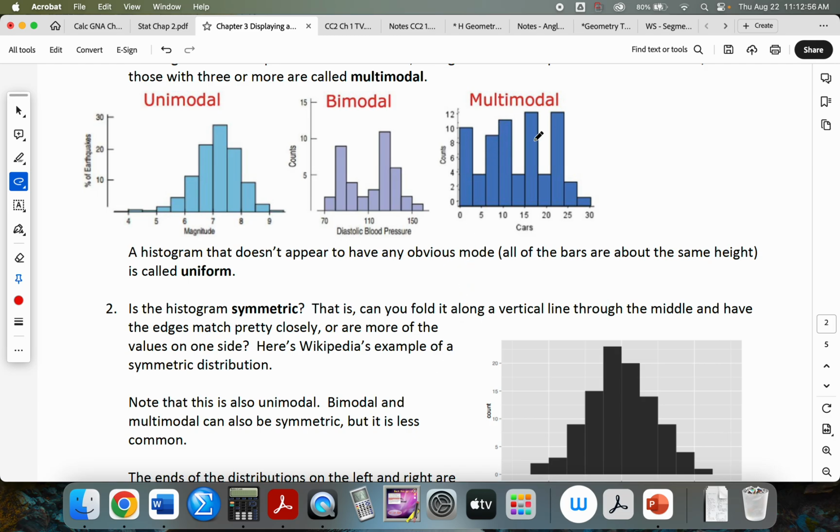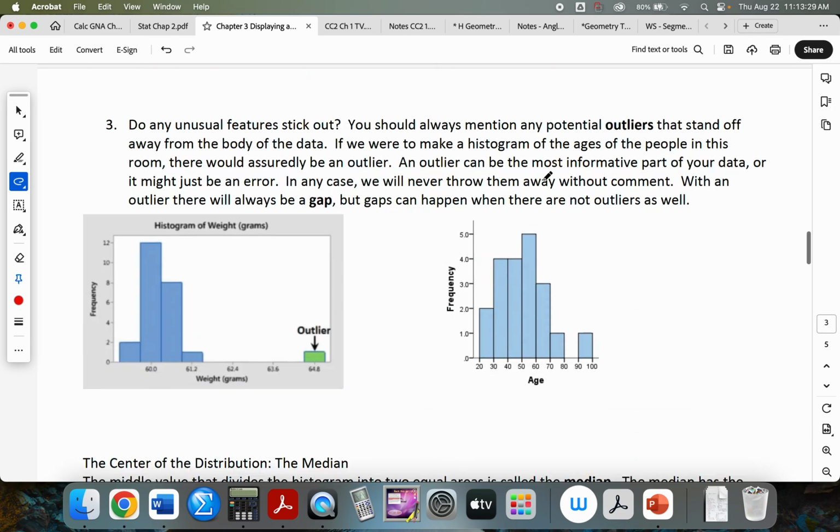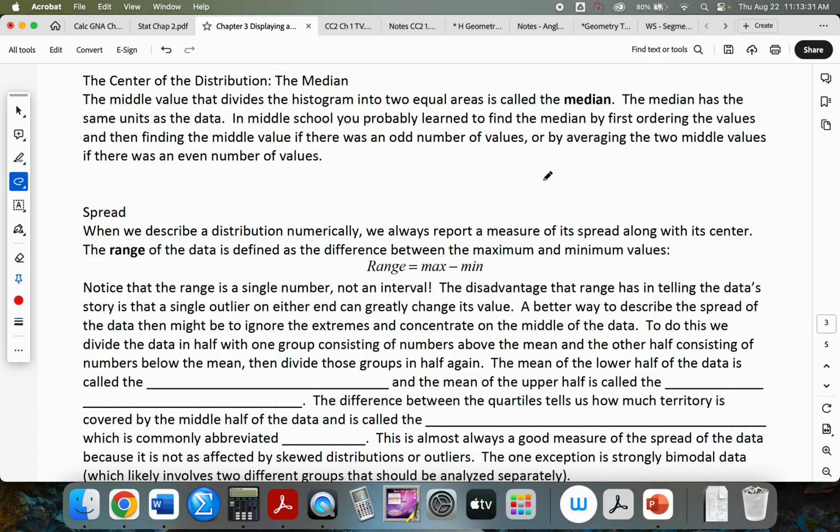Here, you could figure out where the median is in this data by counting up how many total there are, finding the middle one. Remember, if there's not a middle one, you can average those two together. And a lot of times on these, since we don't have the original data, you would have to say the median is in the 15 to 17 and a half bin. You won't know what it is exactly, but you'll know where it falls. All right? So that's median.